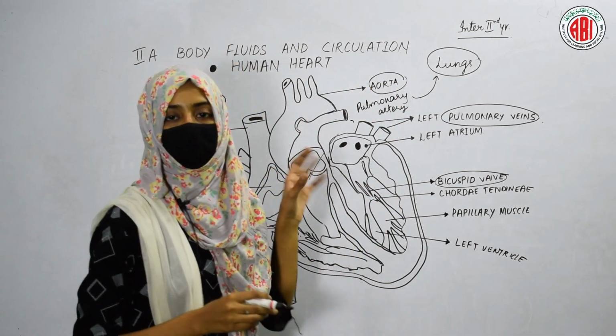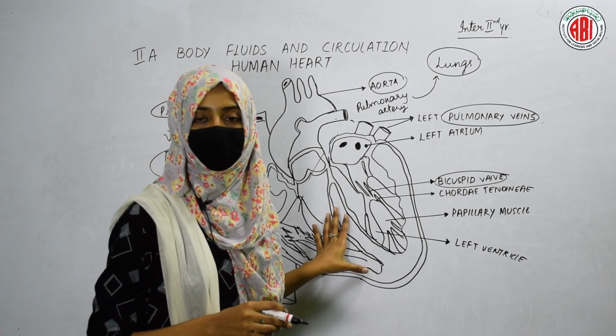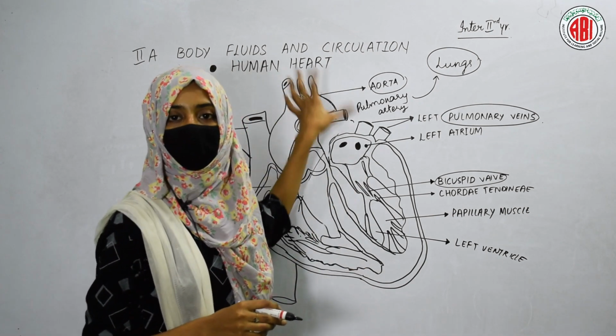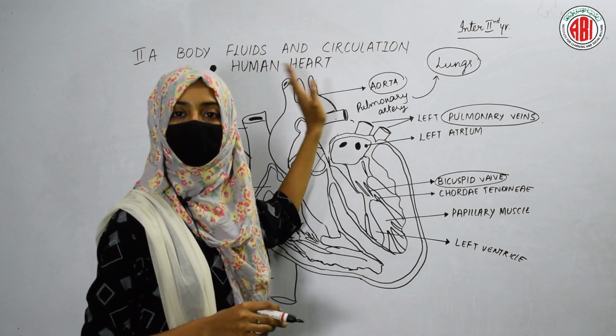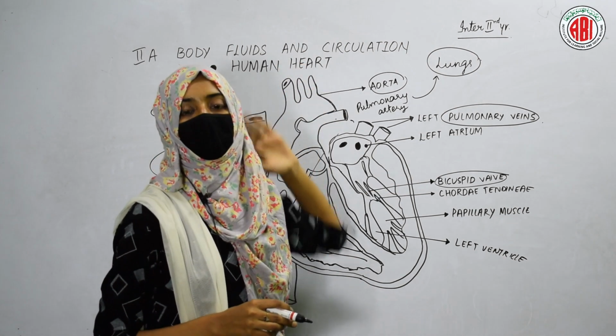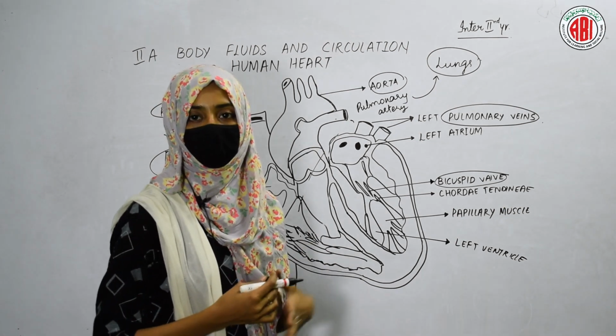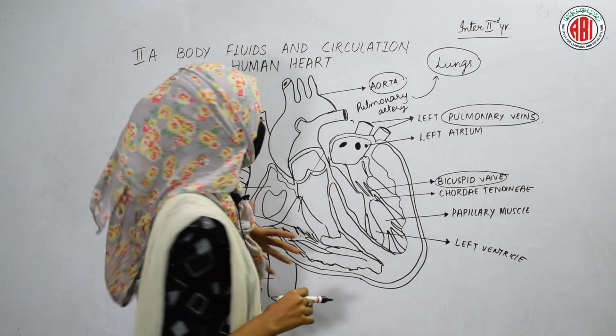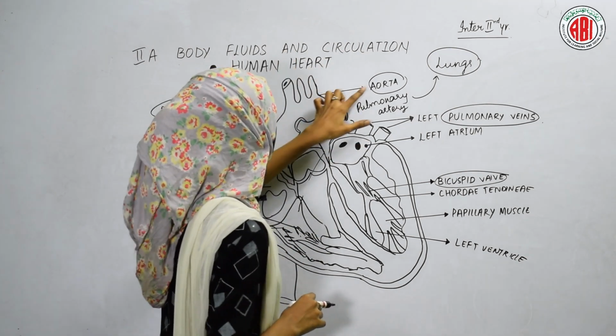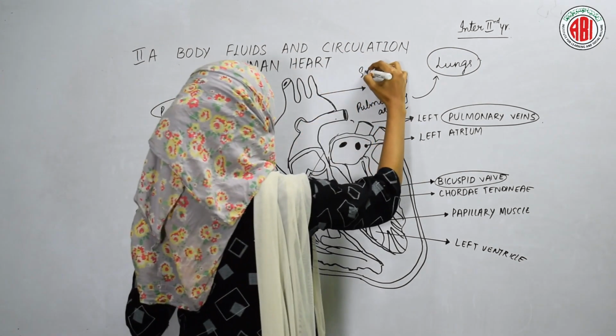Once the oxygenated blood from the left ventricle reaches the aorta, the aorta is an artery responsible for circulating that oxygenated blood into the different parts of our body. So the oxygenated blood can be transferred throughout our body with the help of the aorta, which is also called the systemic arch.